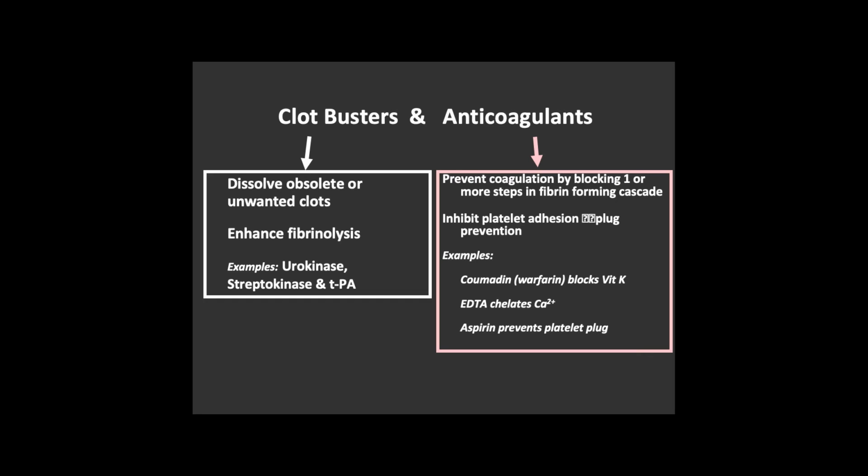For instance, Coumadin blocks vitamin K, which is necessary to form a blood clot, to form fibrin. EDTA is a chemical that binds or chelates calcium, and calcium is also needed in clotting. And then aspirin also prevents that thromboxane A2 from forming, so it helps to prevent the platelet plug.